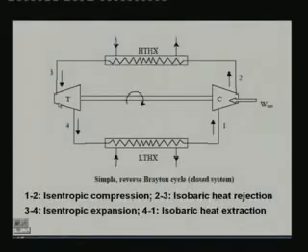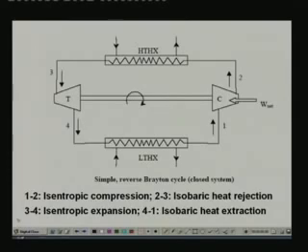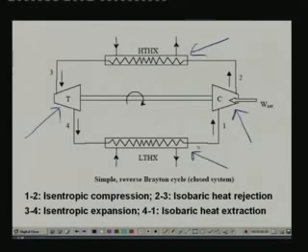Let me show the cycle now. What I am showing here is a schematic of the cycle. It consists of 4 components: a compressor, a high temperature heat exchanger, a turbine and a low temperature heat exchanger. If you compare this cycle with the Carnot cycle, you will find that there are 2 changes.